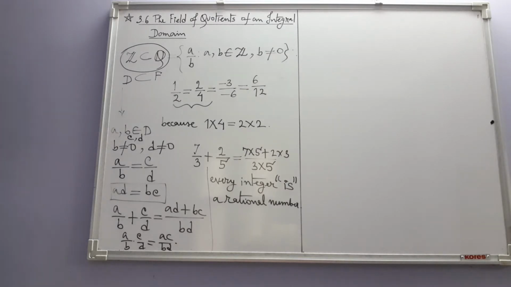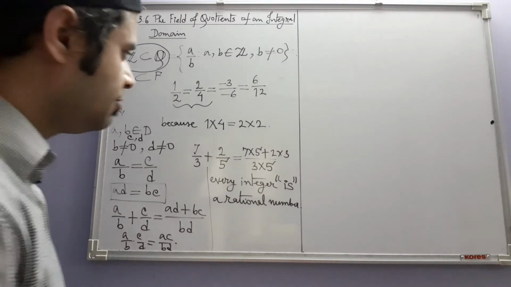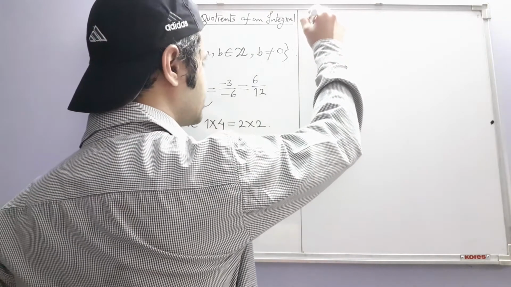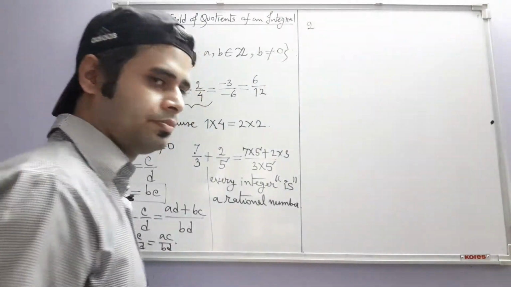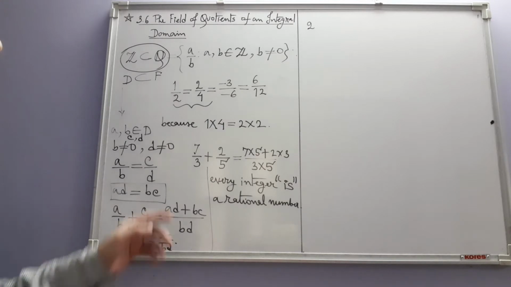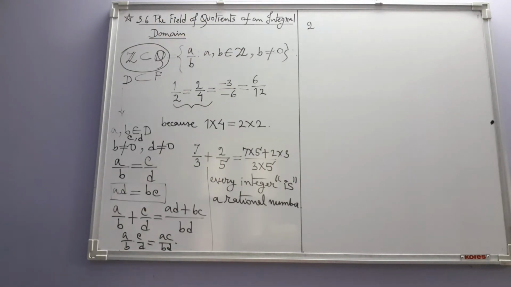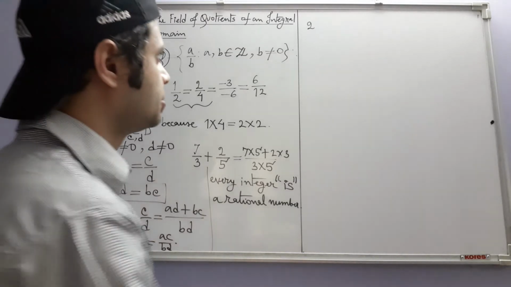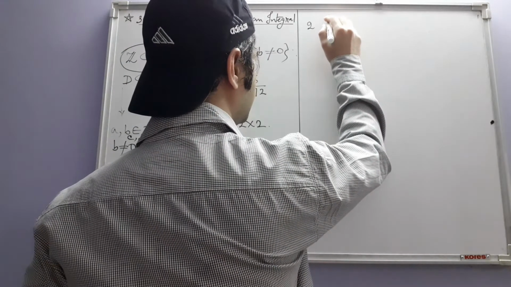You see, the reason is that if I take an integer, say 2, and I ask you to show that this is a rational number, then that will amount to showing that 2 can be written as a quotient of two integers, and your answer will be this.